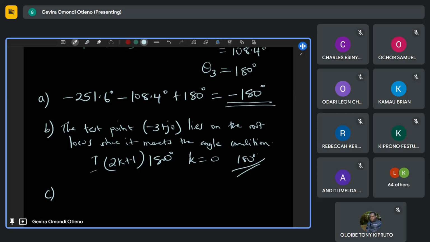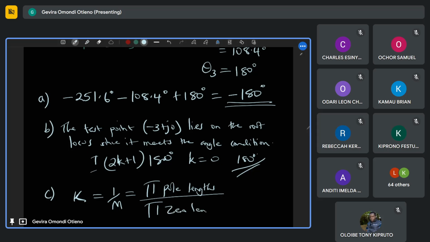Now for part C, because it meets the angle condition, we can obtain the gain K, capital K. Remember, this one is small k. The capital K, which some books call 1 over m, is the product of the pole lengths over the product of the zero lengths.